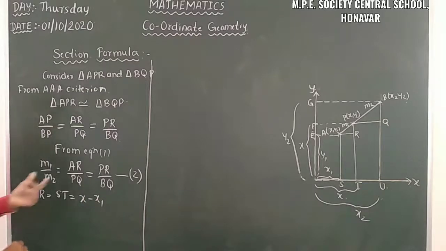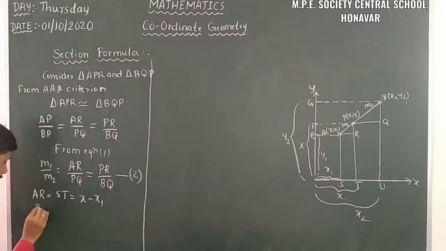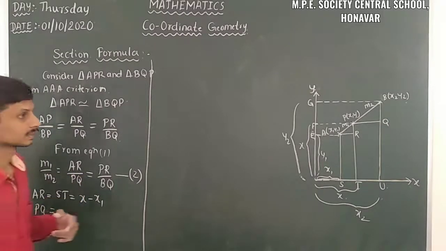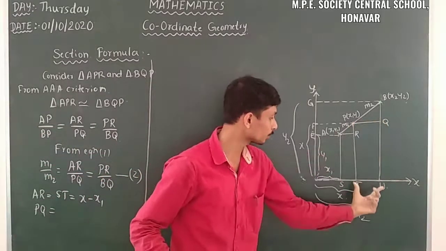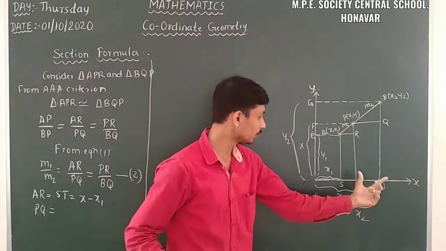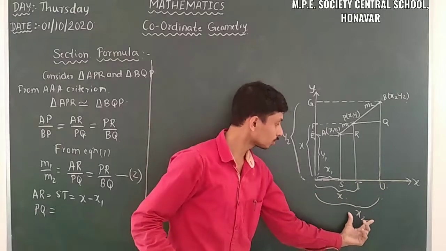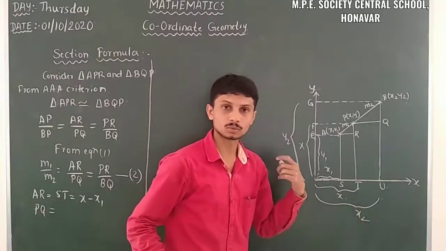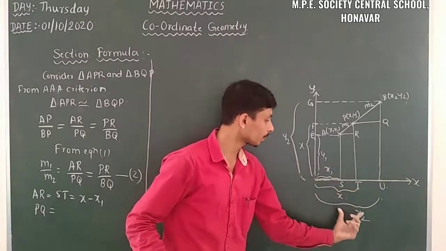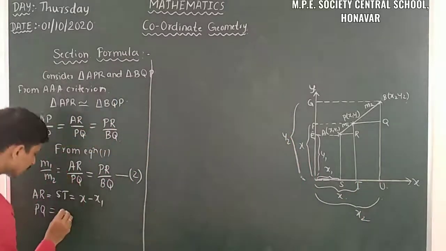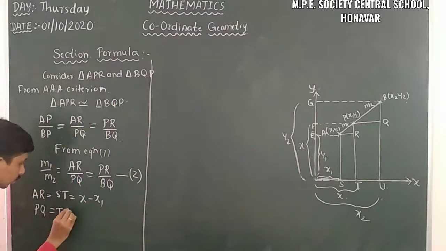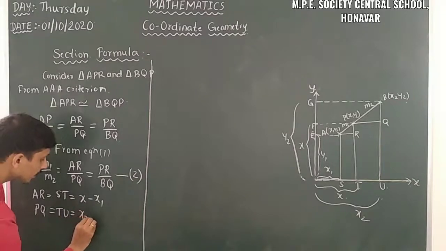Next, PQ. So this one distance, PQ is equal to TU. When we subtract x from x2, we get this distance TU. So that's why we can write TU is equal to x2 minus x.